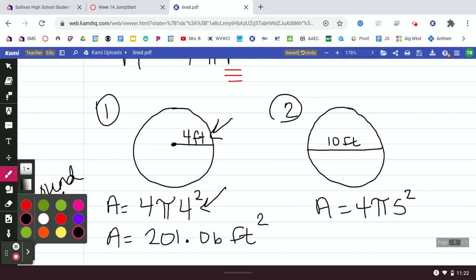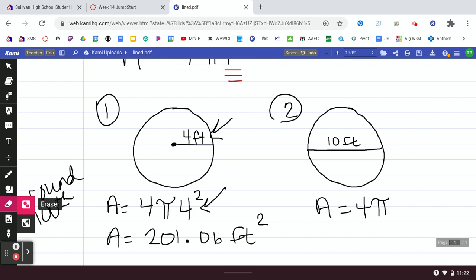You have to have this line written out so that if you have the wrong answer, and don't put this part in your notes because I'm writing the wrong answer on purpose, but if you did this, you're going to get the wrong answer. And if you don't have that line written down and you just have the wrong answer, I don't know what you did. I don't know why you have the wrong answer. I can't assume. So this is why it's important to actually write this line out. So we put 5 squared because that's half of the diameter.